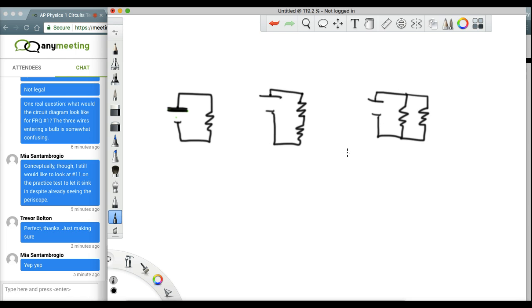So the ranking from lowest to highest of the total power produced by the battery.